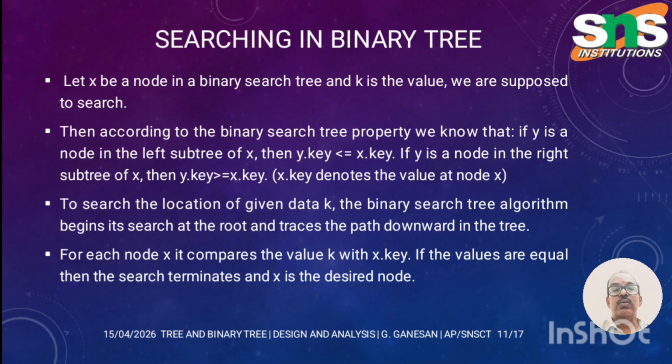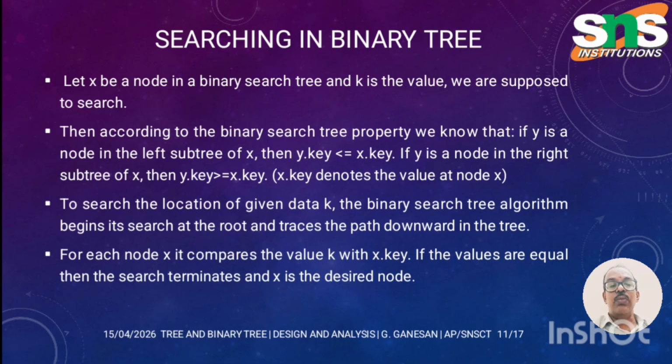So consider k is the element we want to search from the tree, and x is the root node. We compare our element with the root node. If both the elements are the same, the searching is over. Otherwise, we compare with the child elements.